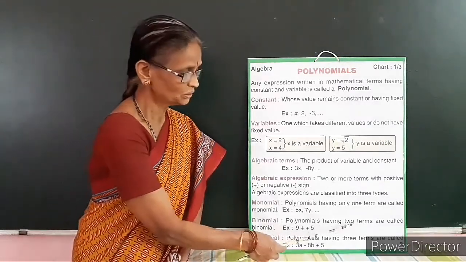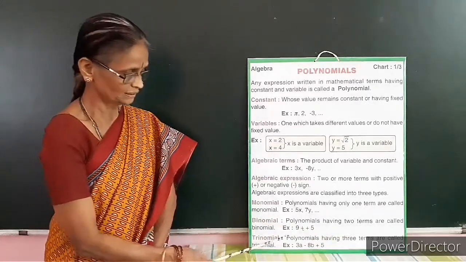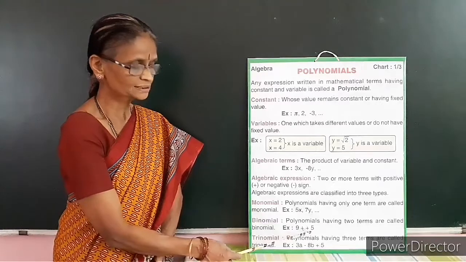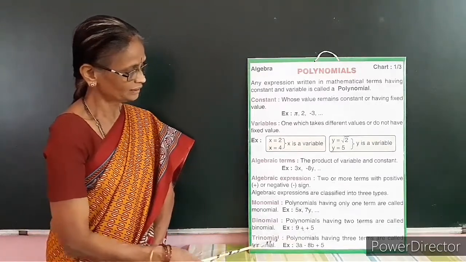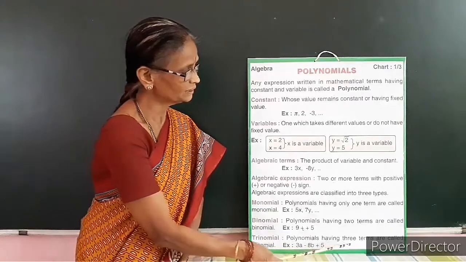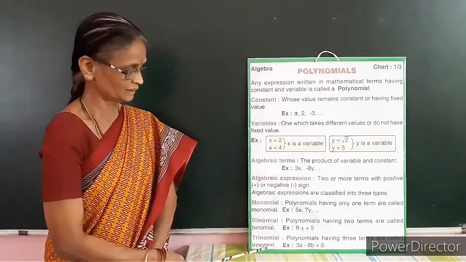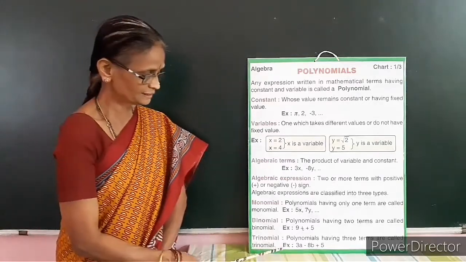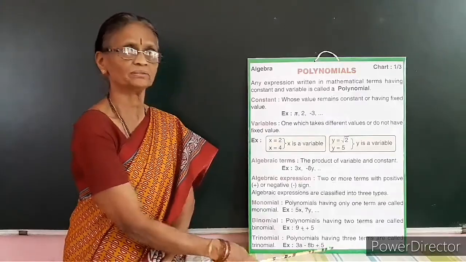Polynomials having two terms are called binomial. Example, 9a plus 5. And trinomial. Polynomials having three terms are called trinomial. Tri means three. Example, 3a minus 8b plus 5.